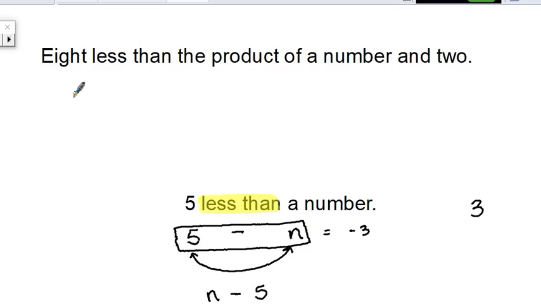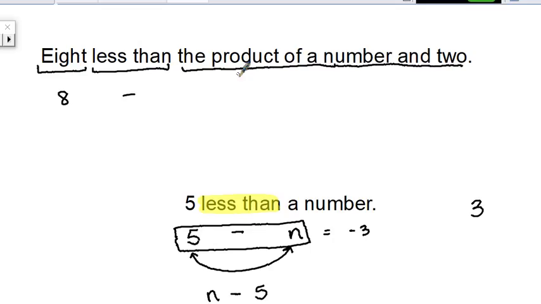So let's look at this one up here. 8 less than the product of a number and 2. This one's a little bit more advanced, but I think we can handle it. Well, typically, again, students would start off by recognizing 8 less than the product of a number and 2. So when you hear product, you think of multiplication. So you're going to be multiplying a number and 2.